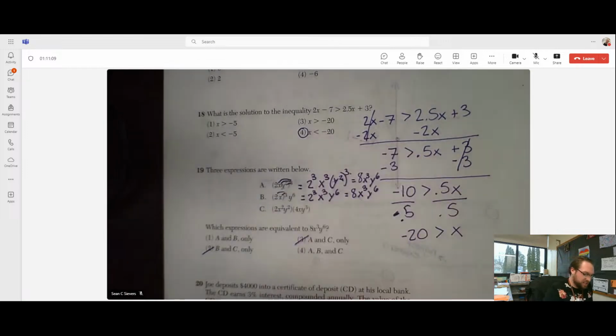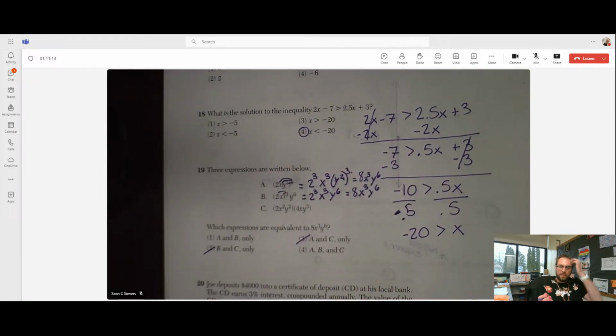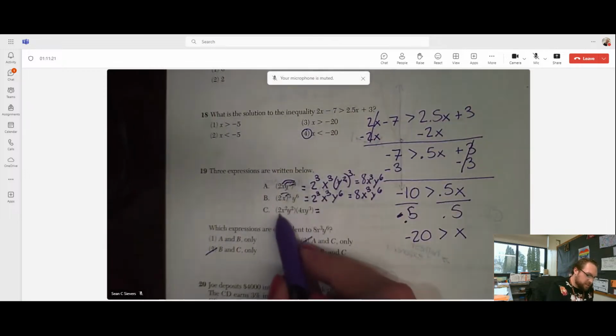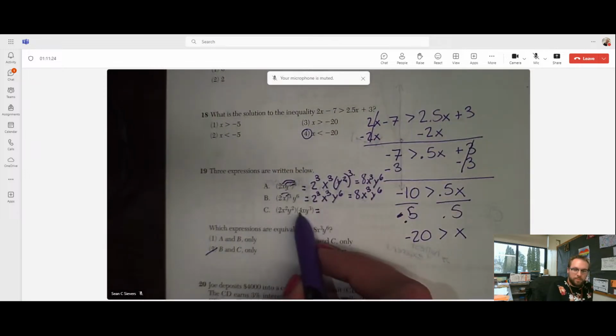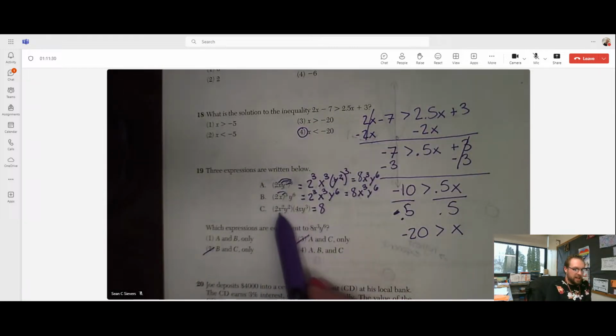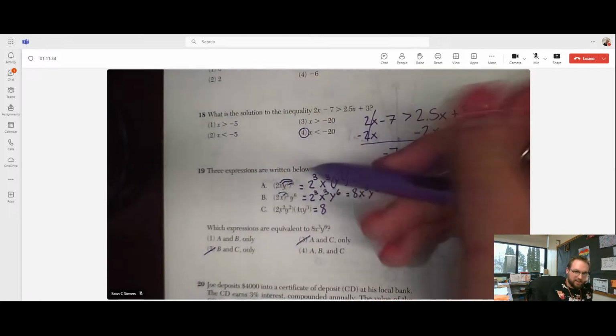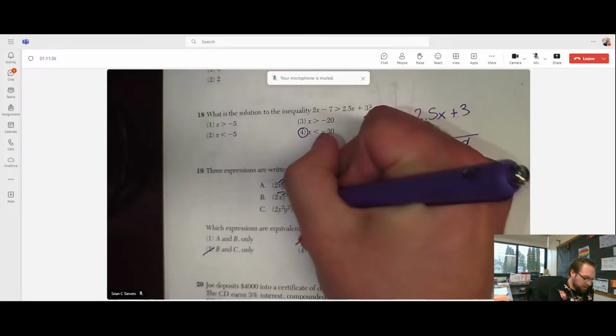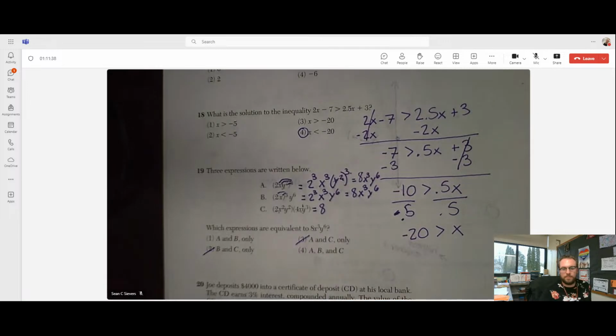And then letter C. So this one we have an expression times an expression. We know what to do with the exponents when we are multiplying like bases, right? 2 times 4, we're just going to multiply those coefficients first. 2 times 4 we know is 8. And then x squared times x. Remember, this x here has an invisible 1 as an exponent.